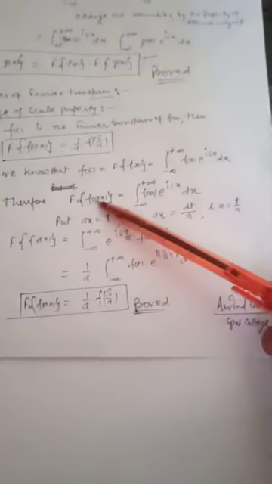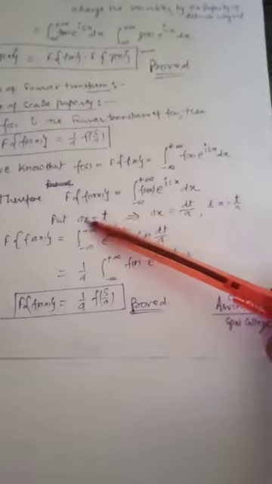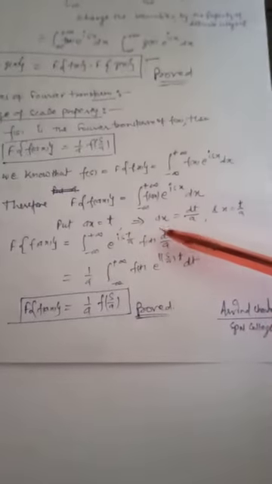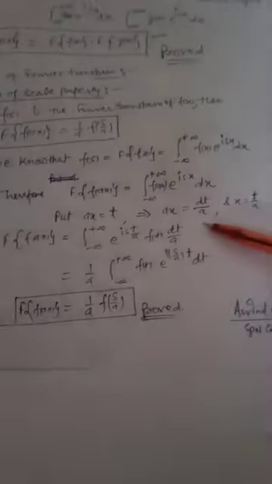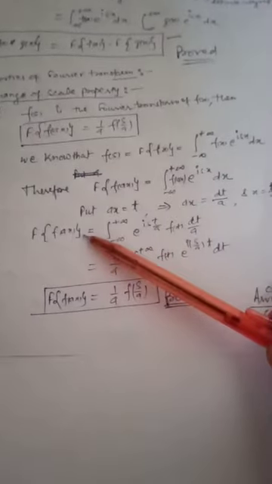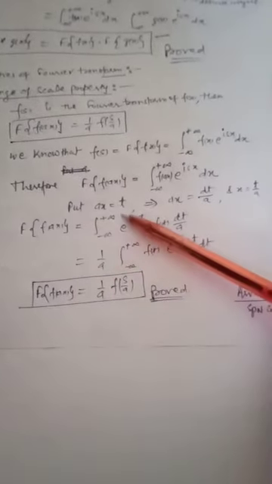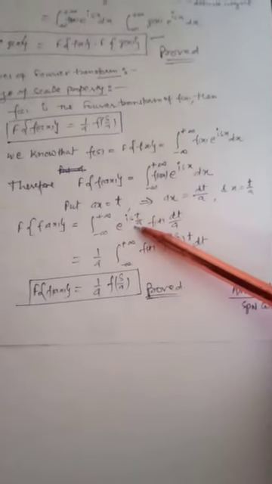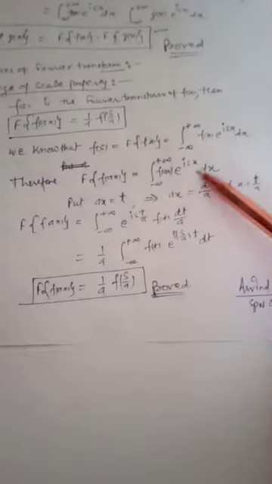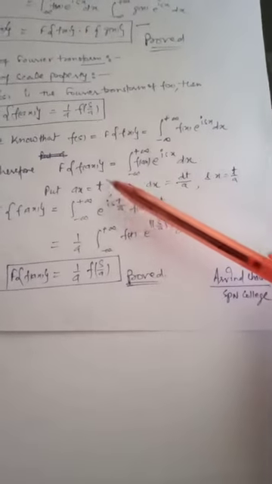Put in this expression a x is equal to t. So dx is equal to dt by a and x is equal to t by a. So the Fourier transform of f of ax is equal to minus infinity to plus infinity, same, exponential iota s at the place of x, put t by a.